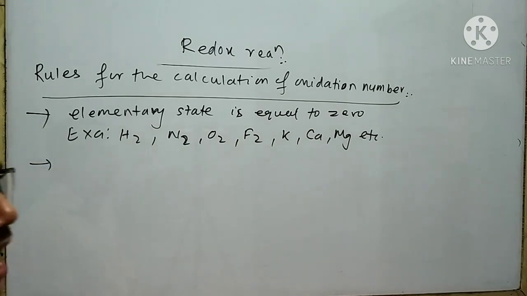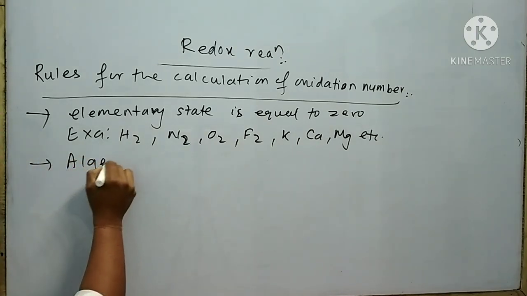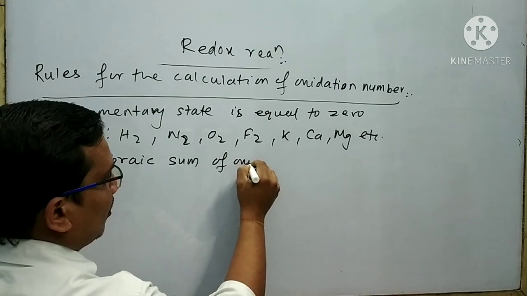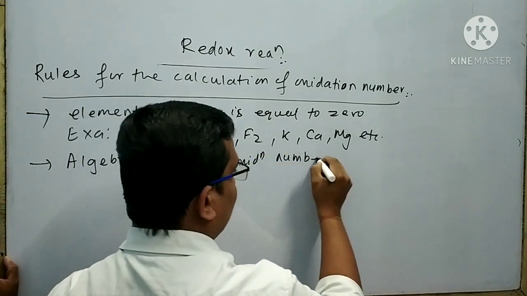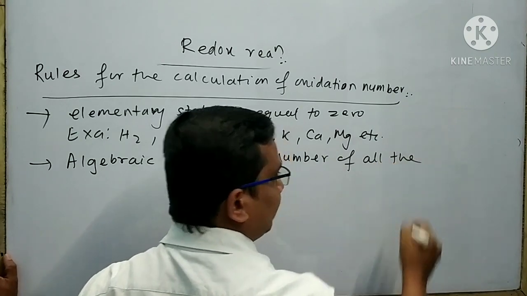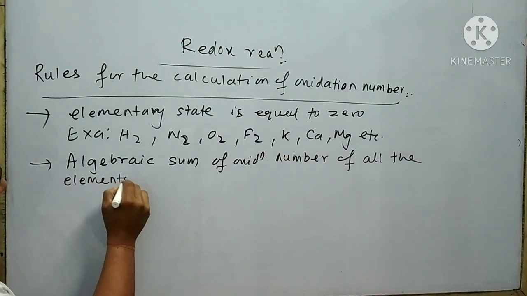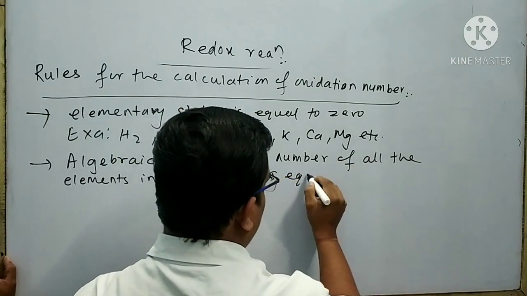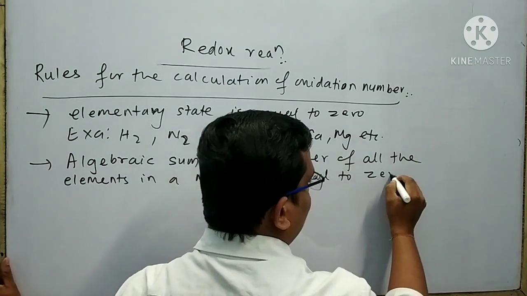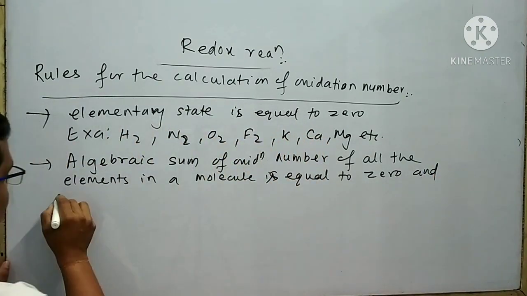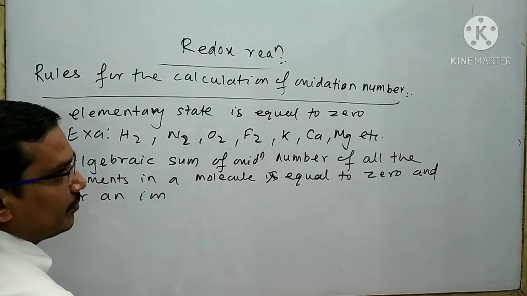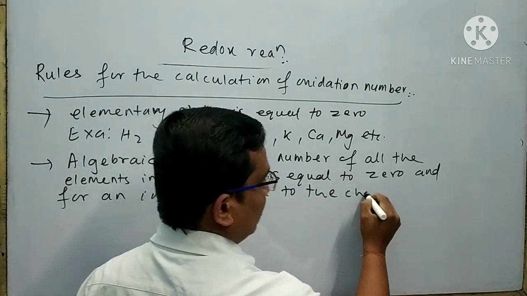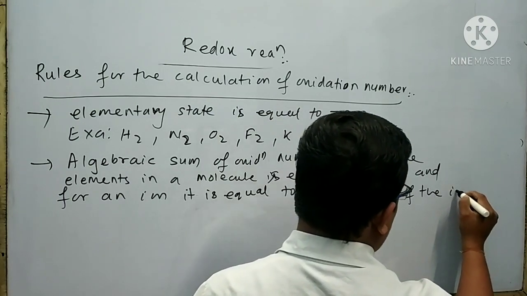Next rule: the algebraic sum of oxidation numbers of all the elements in a molecule is equal to 0, and for an ion it is equal to the charge of the ion.